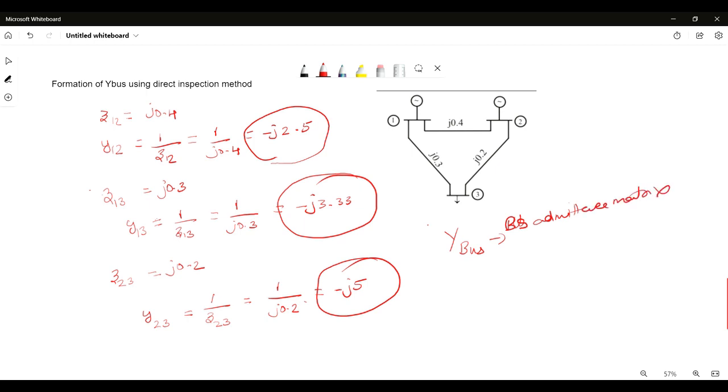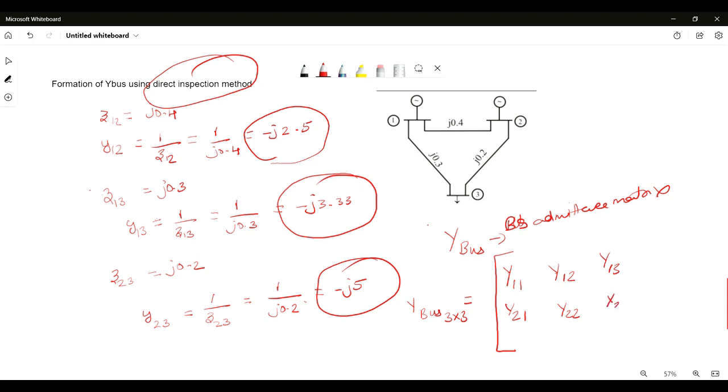If we expand the Y bus, it is a 3 by 3 matrix because we have a three bus system: Y11, Y12, Y13, Y21, Y22, Y23, Y31, Y32, and Y33.